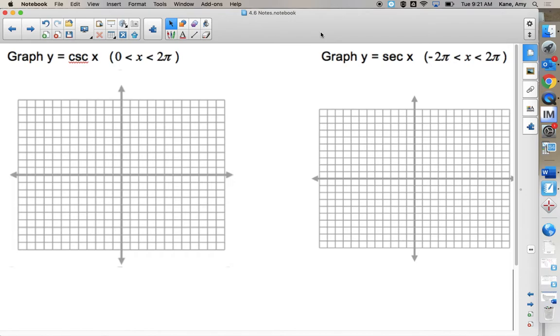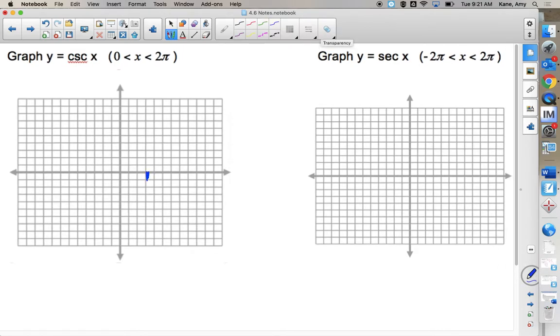What we're going to do is first label it like we've labeled every other graph. So on our x-axis, go over 3. Call that pi over 2. If you prefer to label it below, label it below, wherever you want to label it.